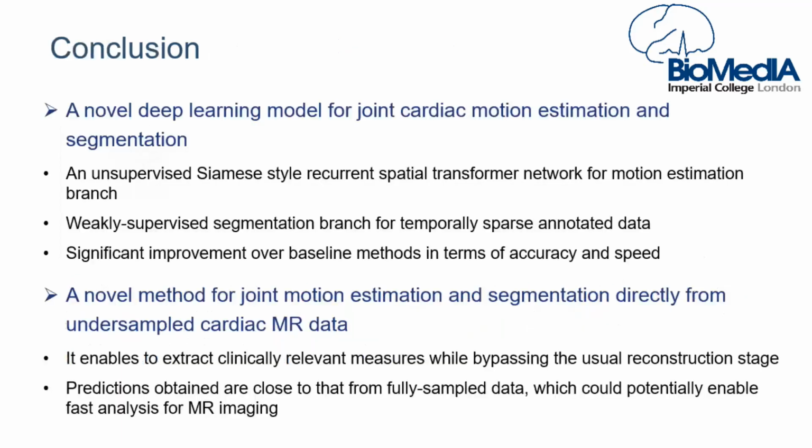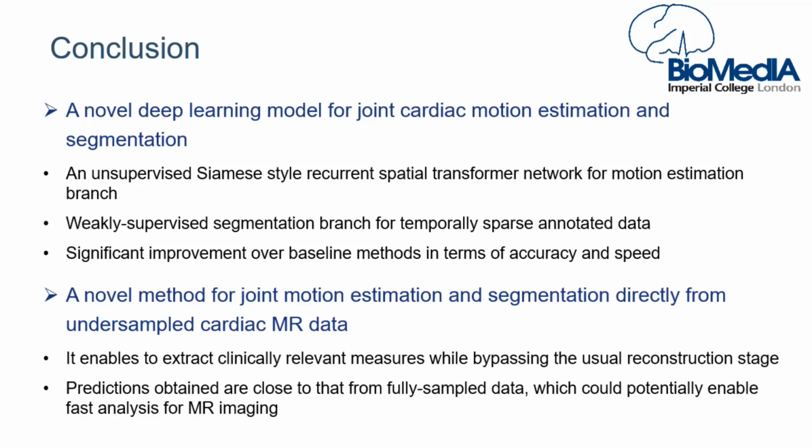To conclude, we have proposed a novel deep learning method for joint motion estimation and segmentation, which consists of unsupervised motion estimation branches and a segmentation branch that share the same feature encoders. This enables effective feature learning via multitask training, and also shows significant improvement over a baseline method.